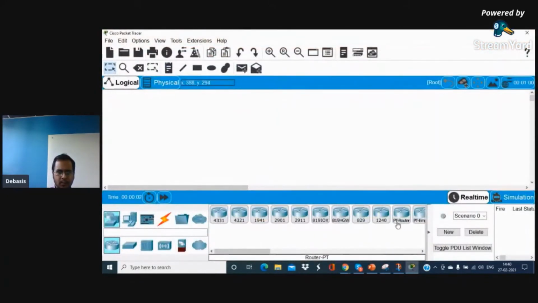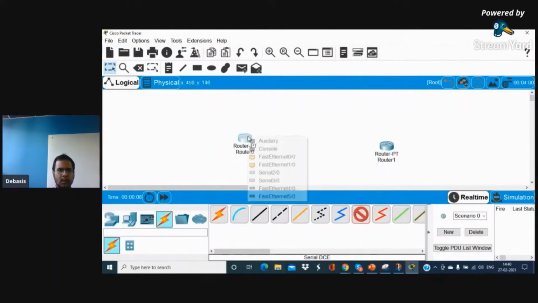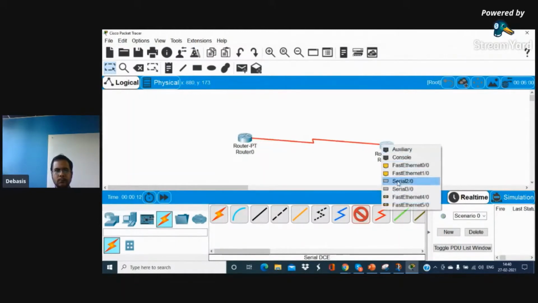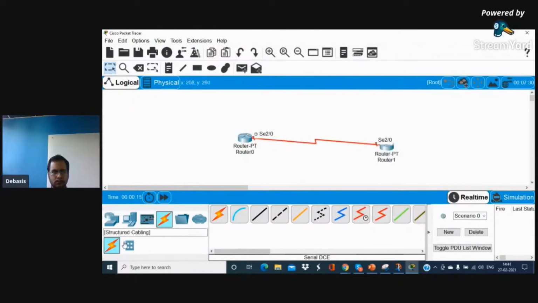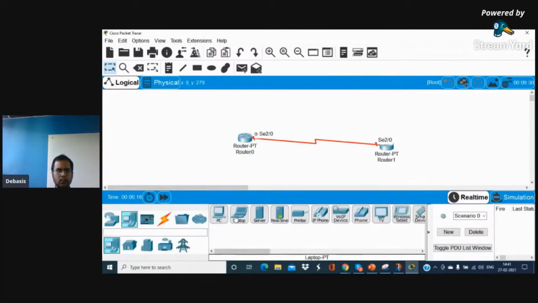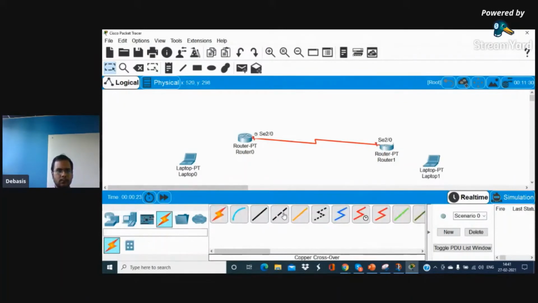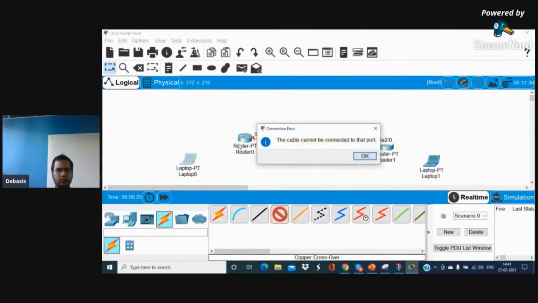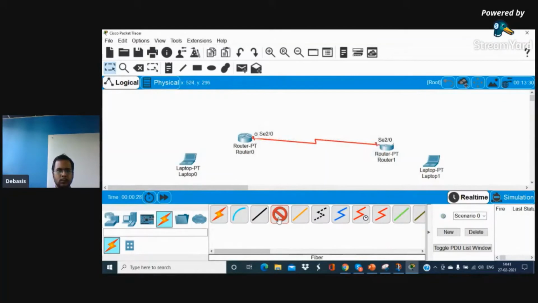So in Packet Tracer, just take two routers, connect them with a serial cable, take two PCs, and go for the connections.